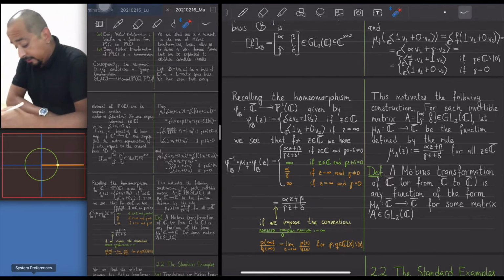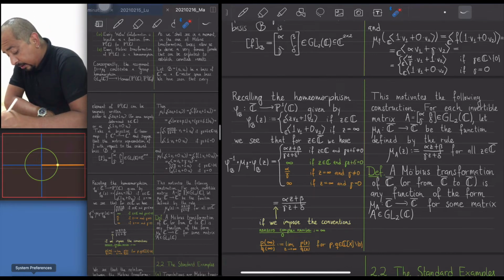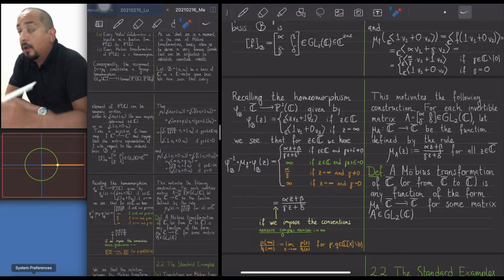Now notice that saying that to z we assign this only needs us to have a matrix. So that's what we do.